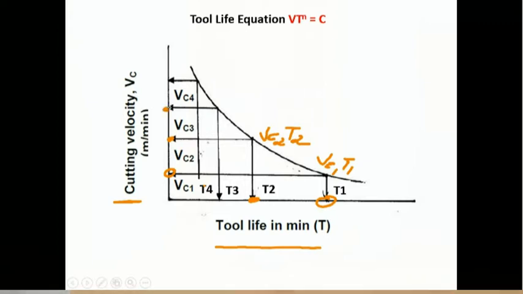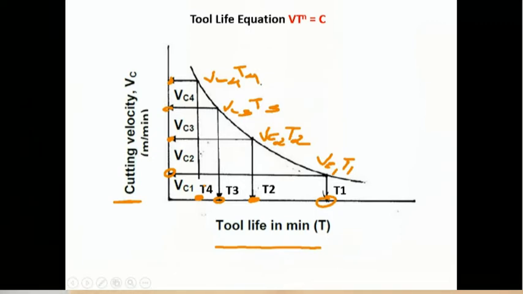Successively, as you increase your cutting velocity, the tool life gets reduced. Again you increase the cutting velocity, then again you get reduced tool life. So this is the combination of Vc3, T3 and Vc4, T4.